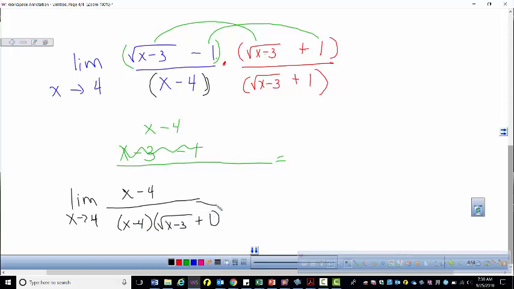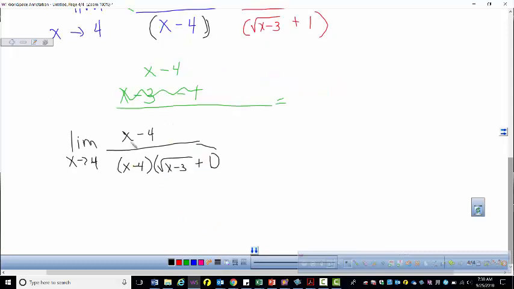And the reason I left it like that is now you can see that this term and this term are the same, so they can cancel. So the x minus 4 in the numerator and the denominator will cancel, and you get the limit as x approaches 4 of 1 over the square root of x minus 3 plus 1.